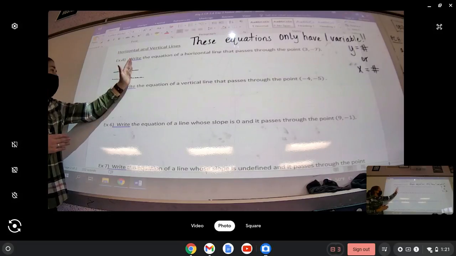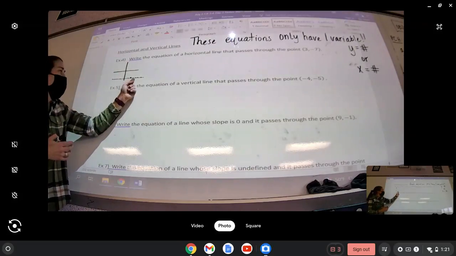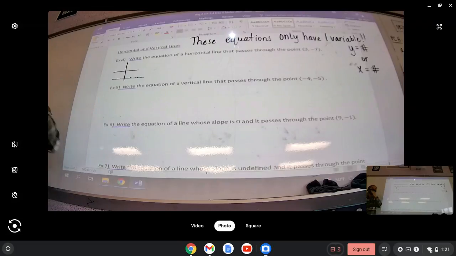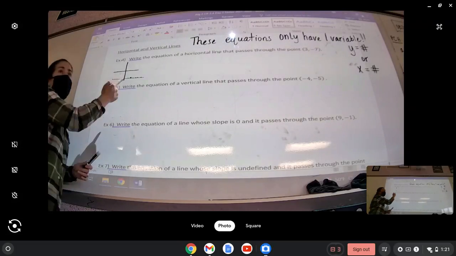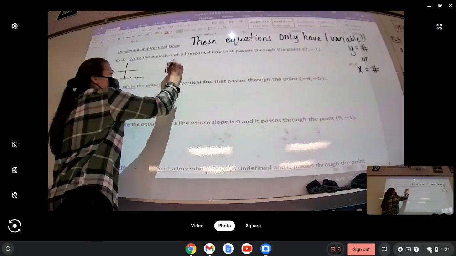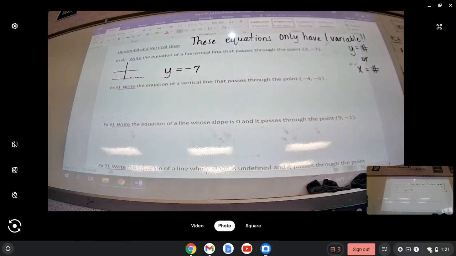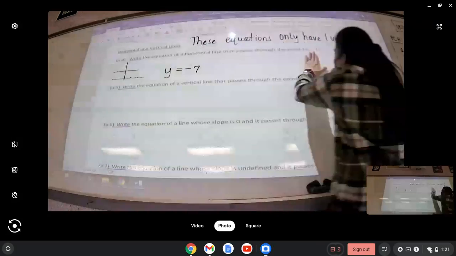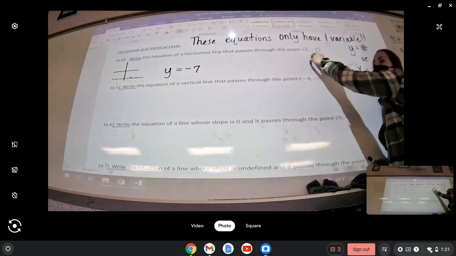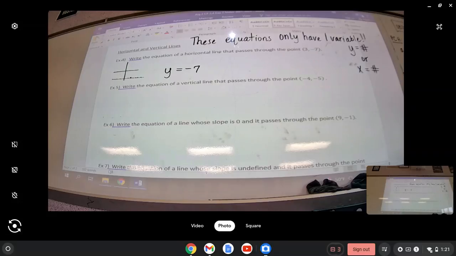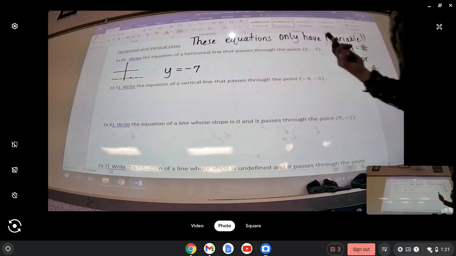But the x is changing like crazy: 3, 4, 5, 6, 7, 2, 1, 0, -1, and so on. So this is the line where the y coordinate is always equal to -7. All you need from the point is the coordinate that never changes, and you just call the line y = -7.